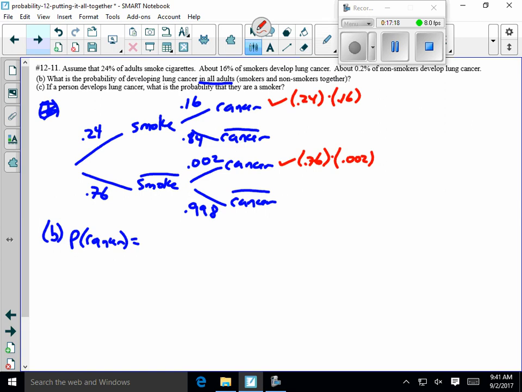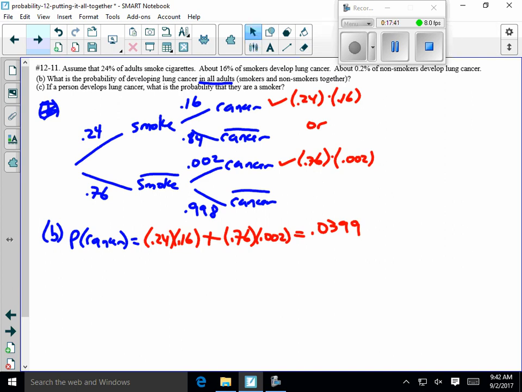And then because you can have this check mark or this check mark, we're going to add those probabilities. So the way to compute this would be 0.24 times 0.16 plus 0.76 times 0.002. And when you do that in a calculator, that turns out to be 0.0399. Okay?